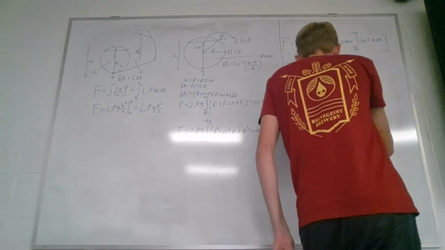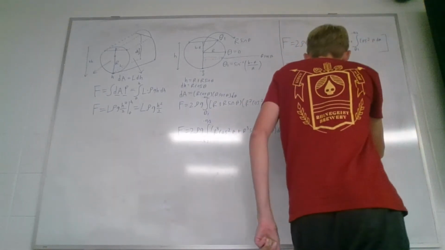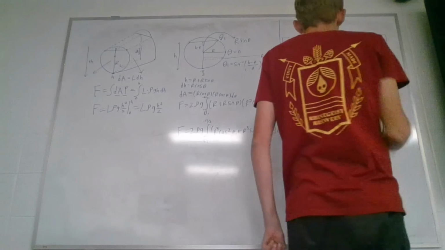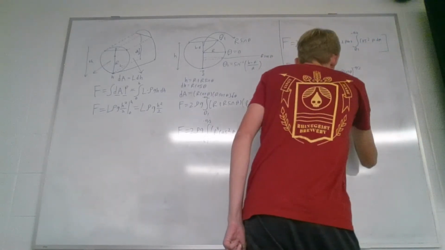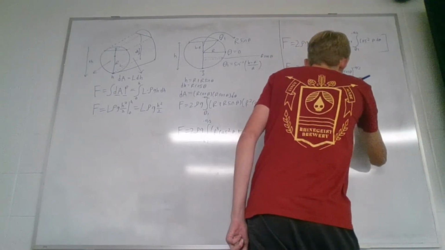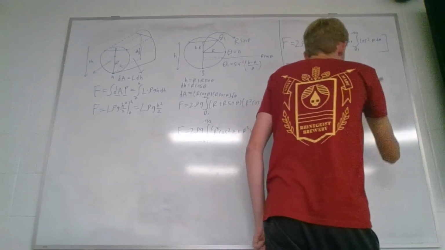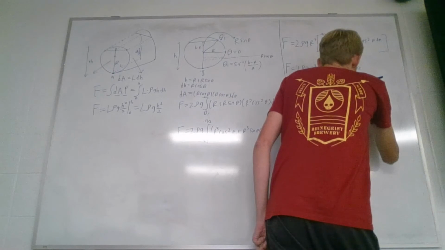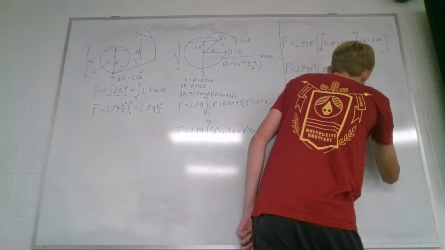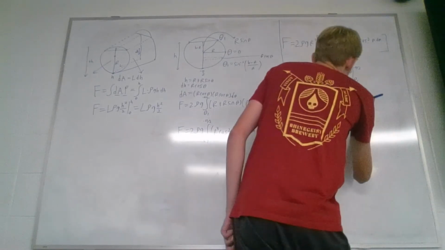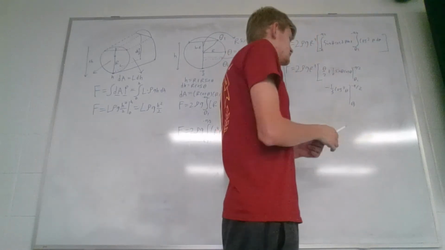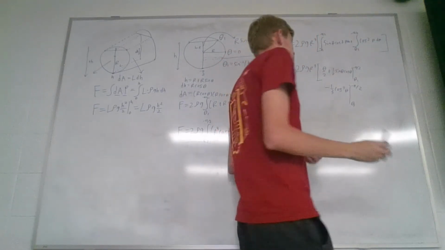And then under that, we are now going to have our integral of this, which is going to be 1/3 cosine cubed theta, evaluated from negative pi over 2 to our theta 1 value.